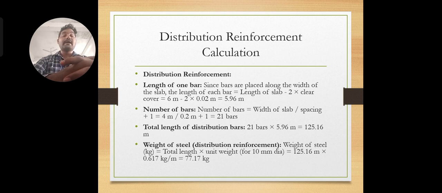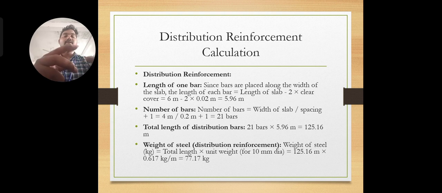While we are calculating the length of the distribution bar, here we are taking the length of the slab. Actually the main bars are... that means the distribution bars are provided perpendicular to the length of the slab, so that we get the length of the bar.